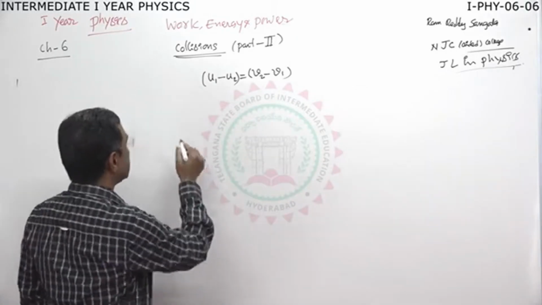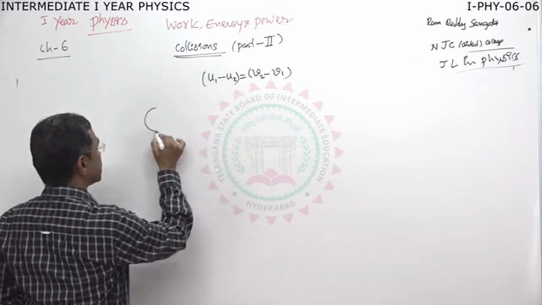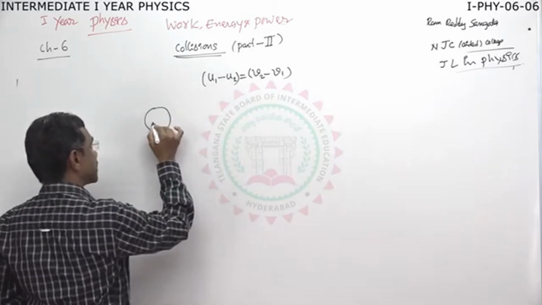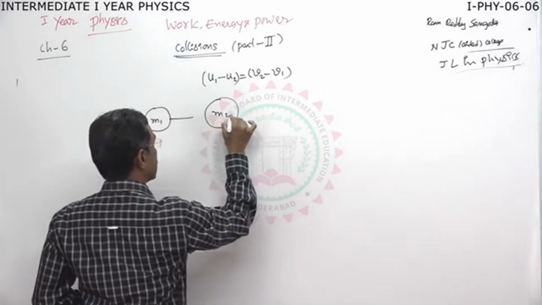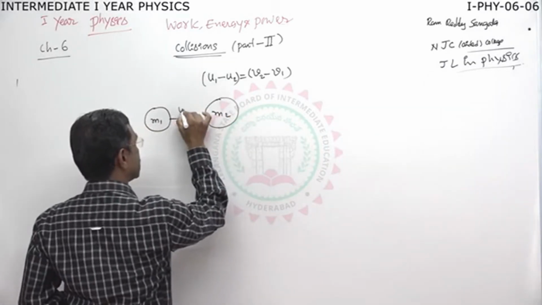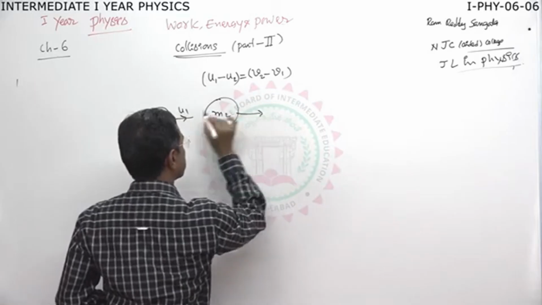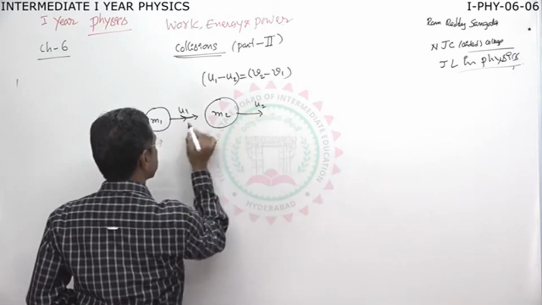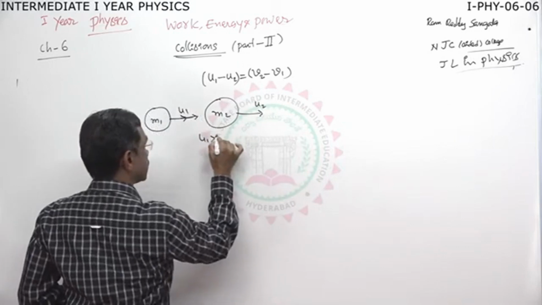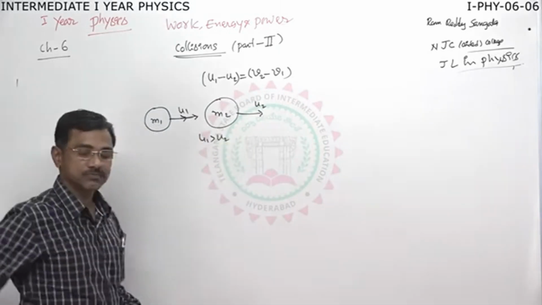We'll try to derive an equation for final velocity. Yesterday, in the previous class, we already discussed first ball, second ball, both moving in the same straight line path with initial velocities u1 and u2 respectively. Here u1 is greater, so obviously they will collide with each other, right?